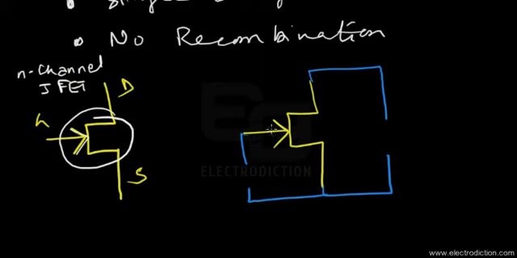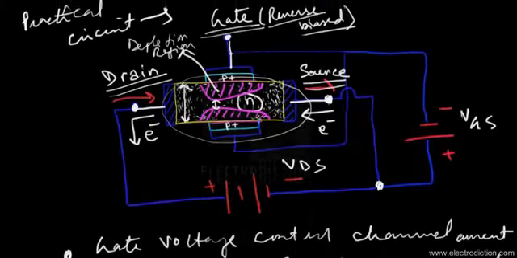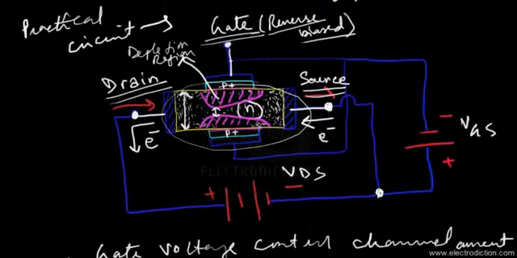Since the gate is p-type, it will be reverse biased, so the negative terminal of the cell is connected to the gate. Apart from this, the source is always kept at the negative terminal of the battery. That's the source, that's the drain, and that's the gate. So this is the circuit that we have drawn using the n-channel JFET.